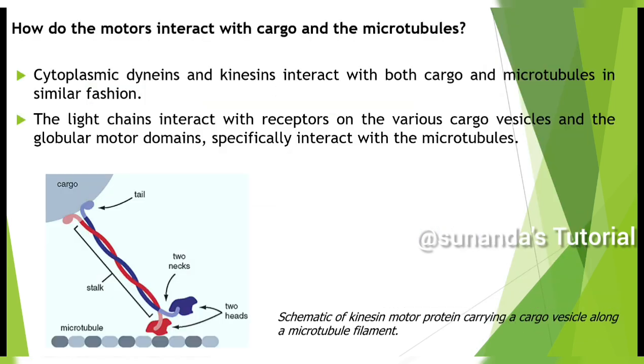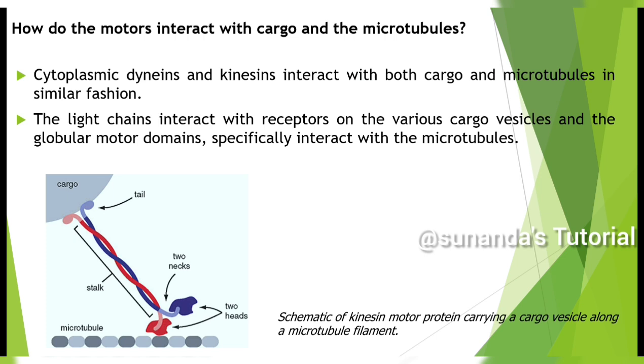Okay, how do the motors interact with cargo and the microtubule? Cytoplasmic dyneins and kinesins interact with both cargo and microtubule in a similar fashion. The light chain interacts with the receptor on the various cargo vesicles, and the globular motor domain specifically interacts with the microtubule.